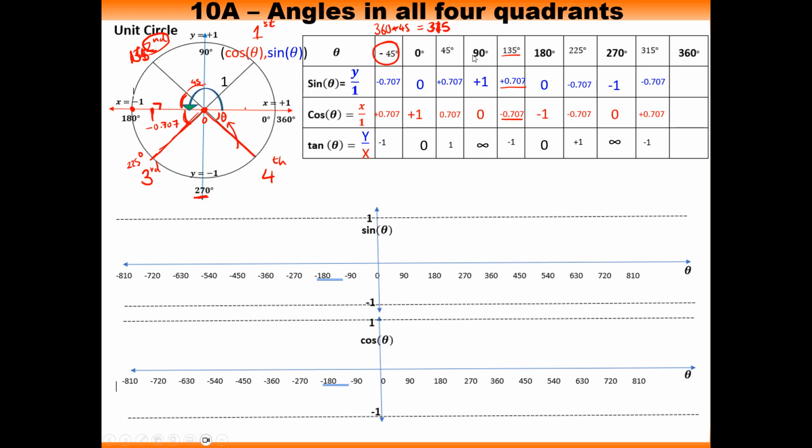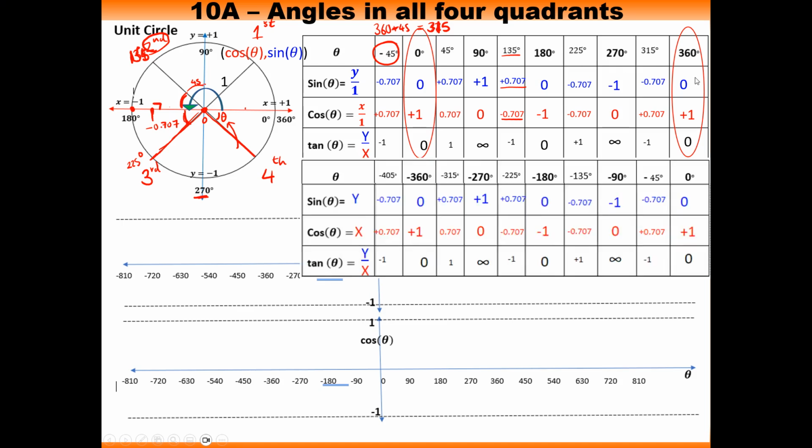So that's how to draw the negative part of the graph. I'm just showing you that at 360 all the values are repeated. We've made the full period there.